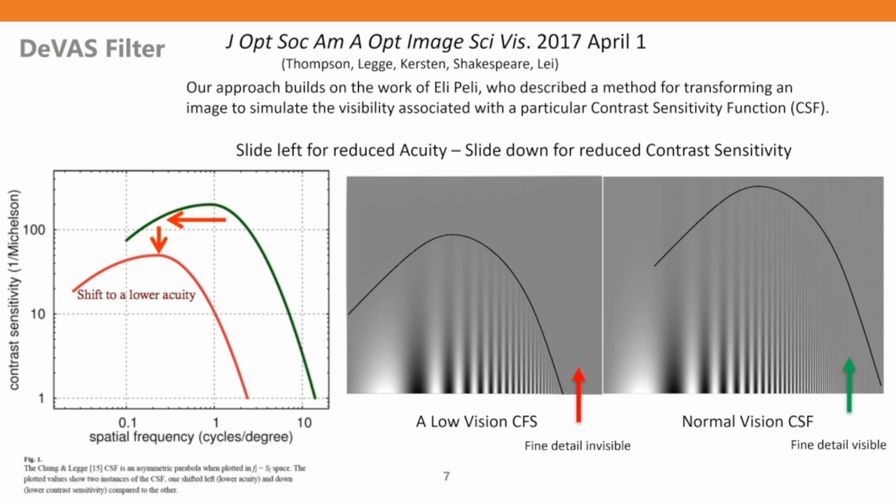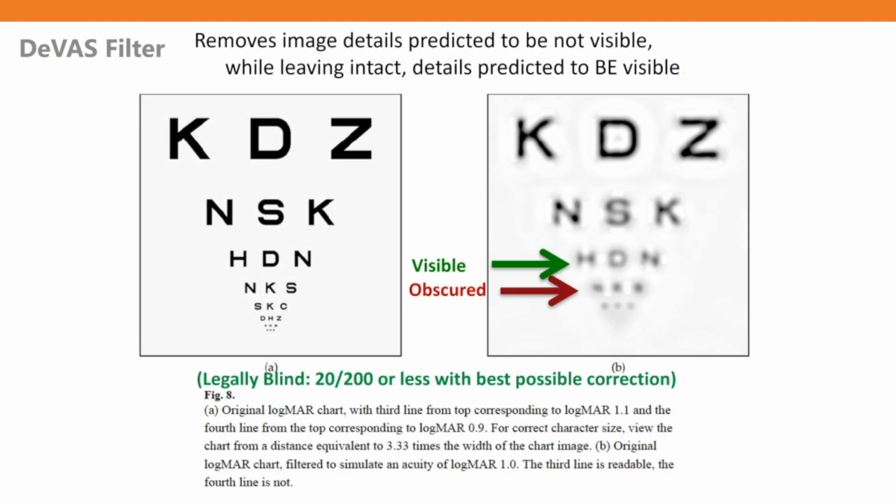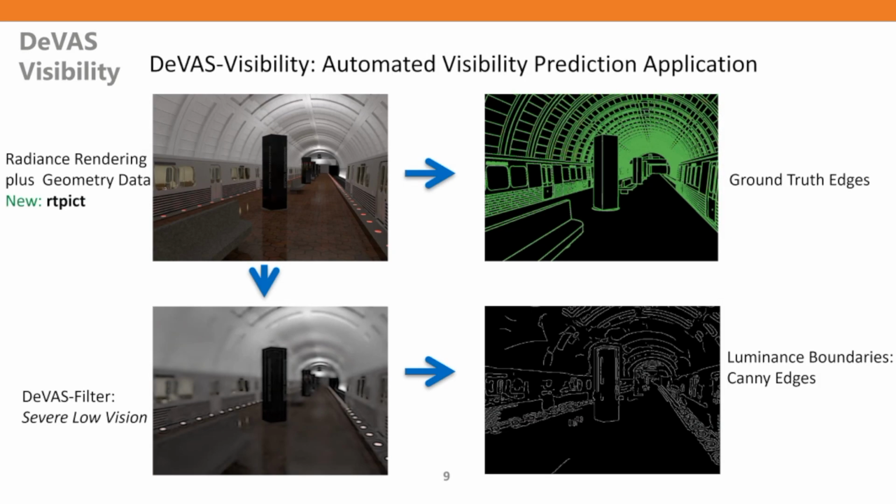Can you see that step from 20 feet away if you have this particular low vision? And we modified the constants within this variable. So we can now have a tool that filters an image in a way that obscures items which that person in that acuity should not be able to see and leaves visible the remaining part of the scene. So this is fundamental to the tool I'm going to show you.